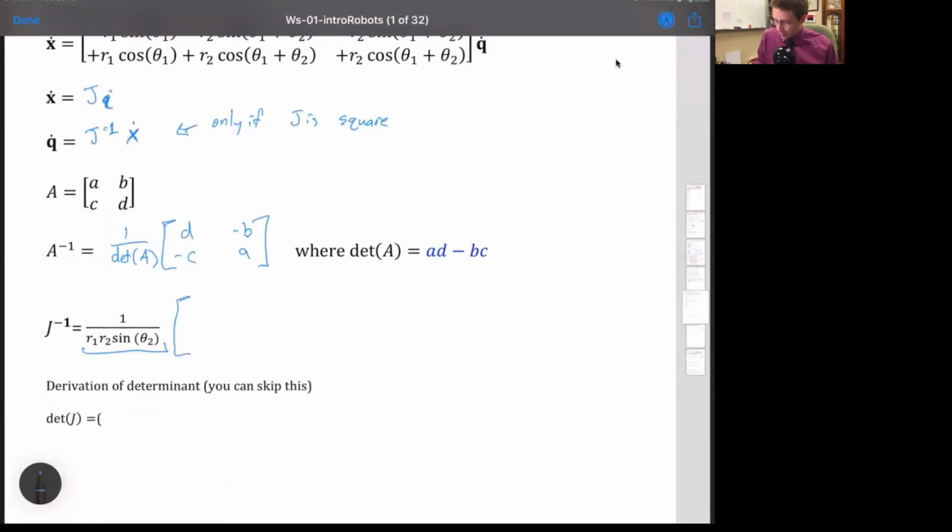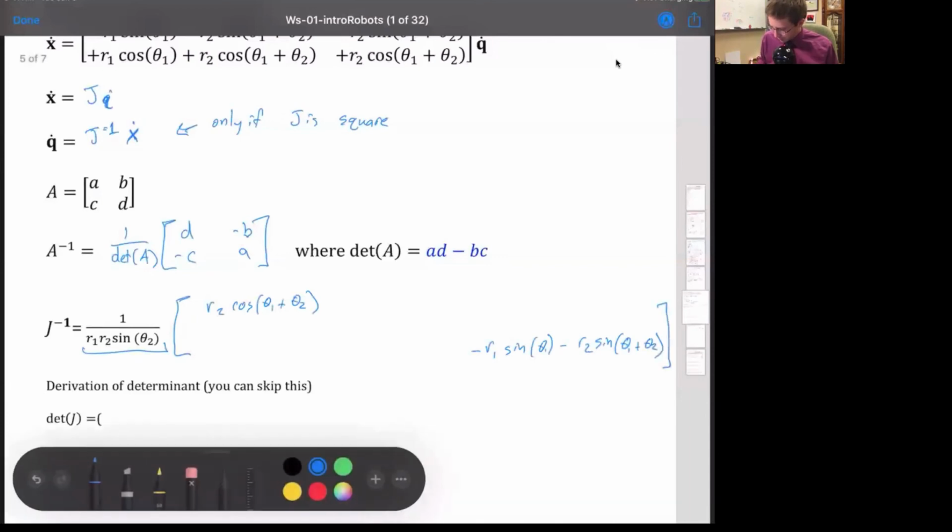So all we do is we flip our A and D, so we can just write that down directly from what we have. So that's just R2 cosine of theta 1 plus theta 2. Then this term over here is minus R1 sine theta 1 minus R2 sine of theta 1 plus theta 2.